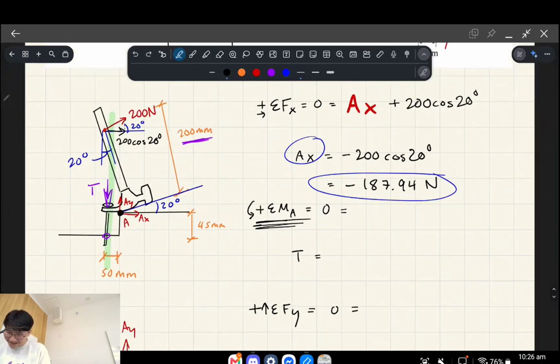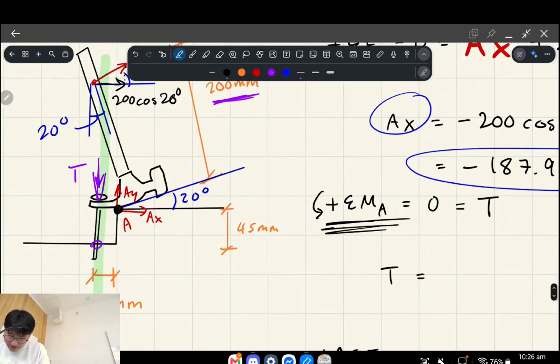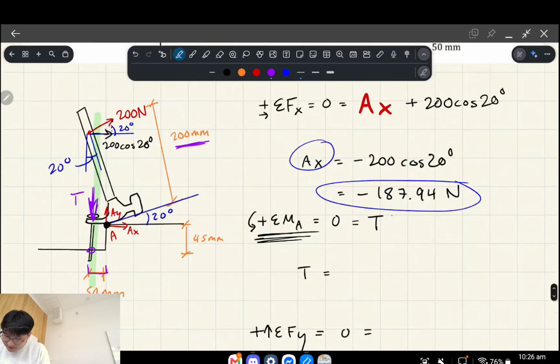All right, so what we're going to do is we'll do T, right, which is this force, and the lever arm, the line of action is in green. The lever arm is going to be 50 mil, and that's going counterclockwise relative to A, so it's positive. And then we'll also consider the 200 newtons, which I'll do in yellow as a line of action.